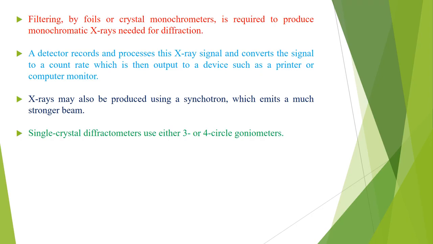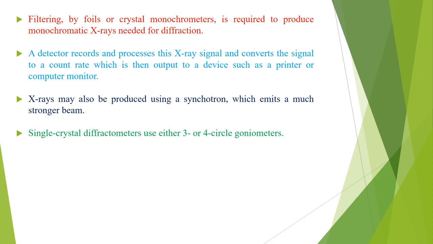Molybdenum is the most common target material used to produce such X-rays for single crystal diffraction, where molybdenum K alpha radiation has a wavelength of 0.7107 angstrom.